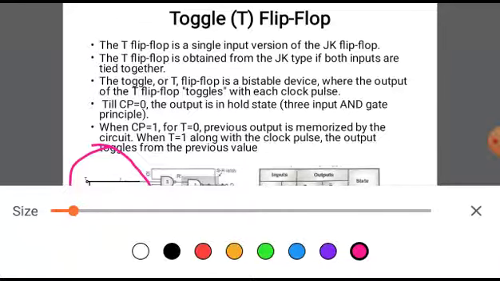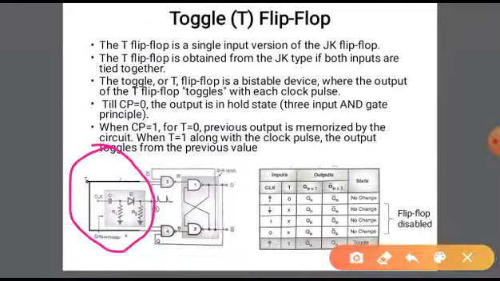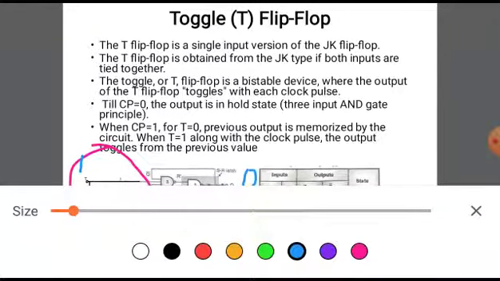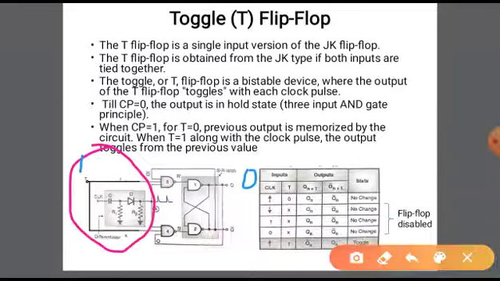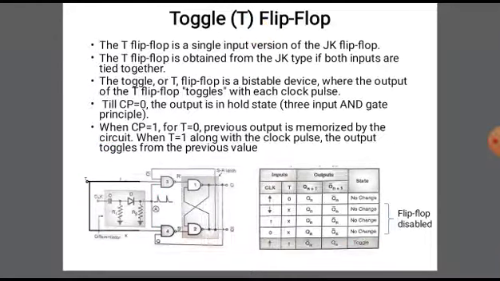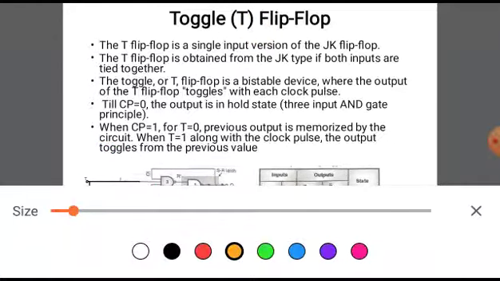So toggling means you apply 1, at that time output will be 0, and you apply 0, what will be the output? 1, because of toggling. A toggle switch is just a toggle switch. So 0 Qn bar output and 1 Qn output. You just focus on only two conditions.